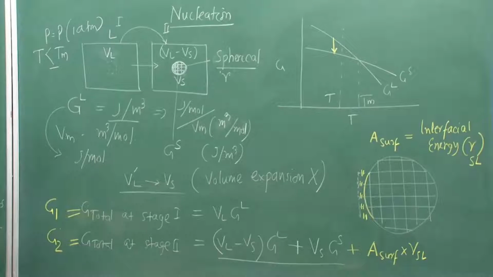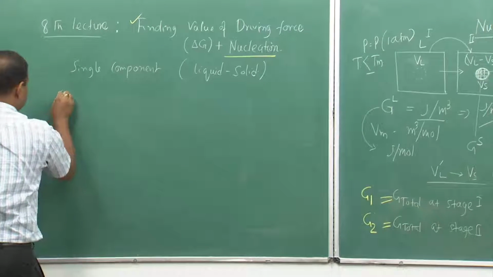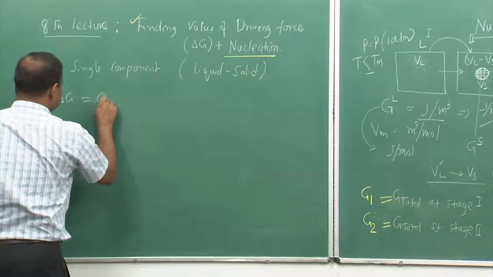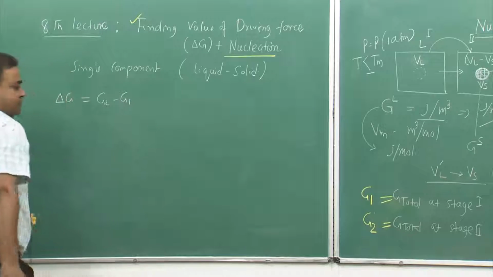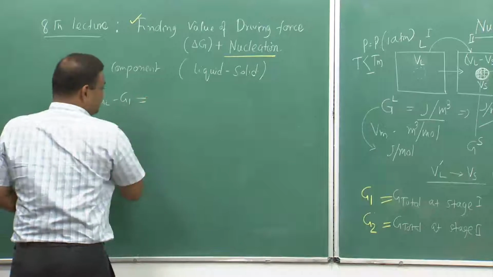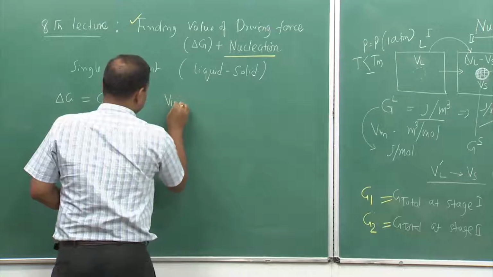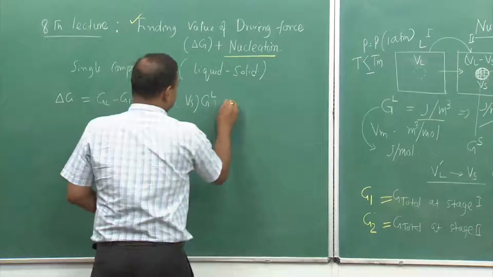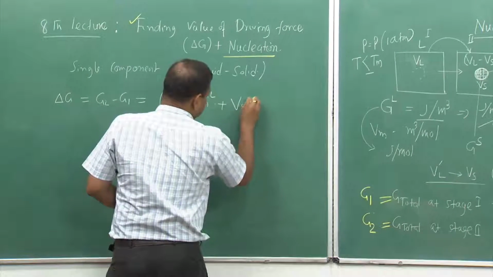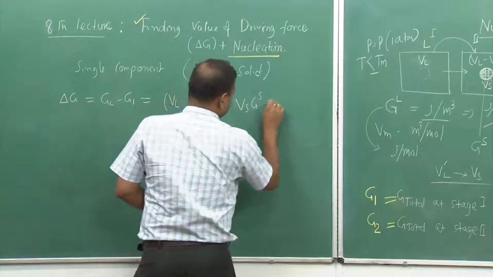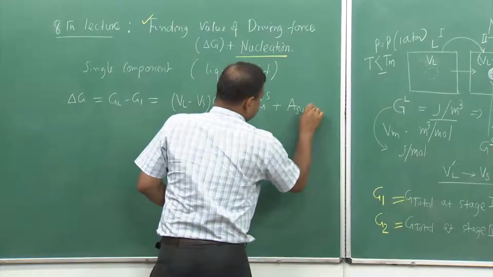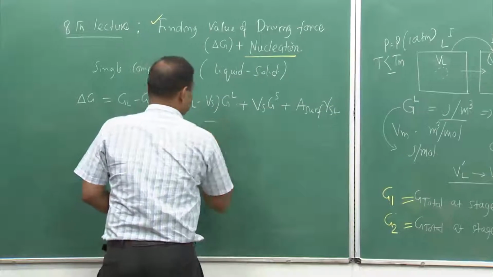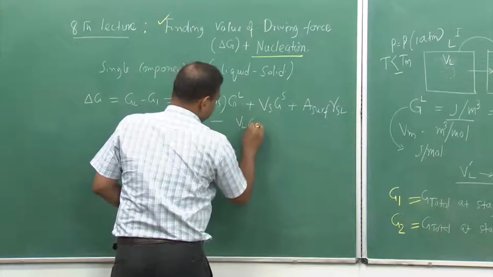So, del G, which is the difference G2 minus G1, equal to VL minus Vs GL plus Vs Gs plus A surf gamma SL minus VL GL.